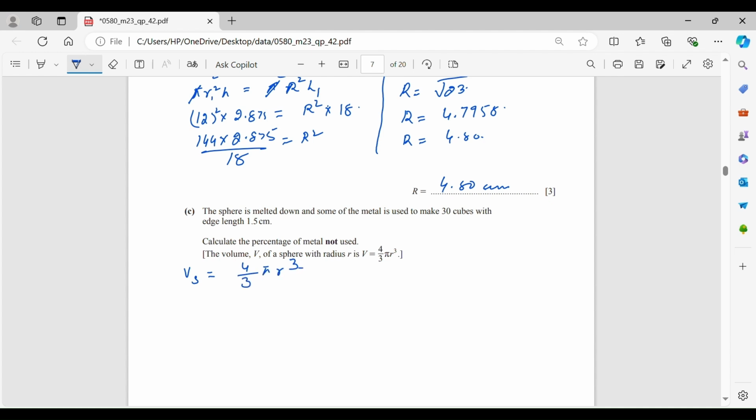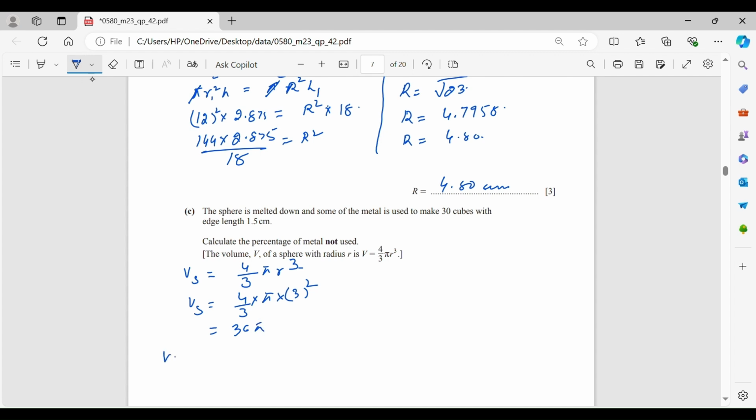So the volume of the sphere is equal to 4 by 3 into pi into r, which is 3, cube. We will use the calculator for this, and this will be equal to 36 pi.